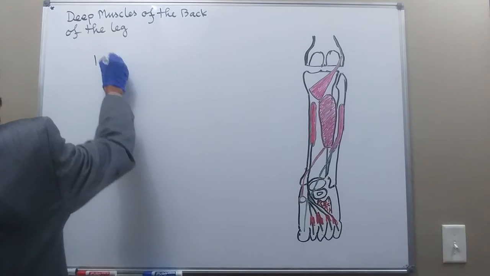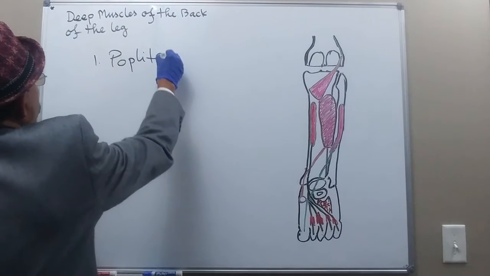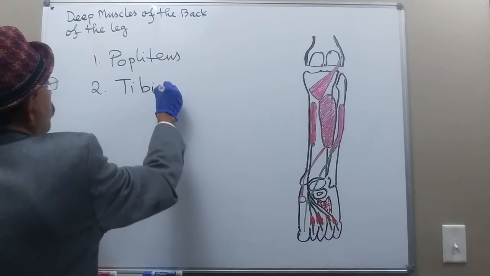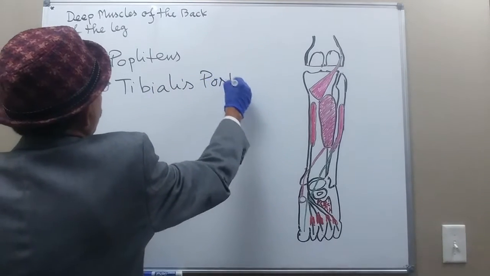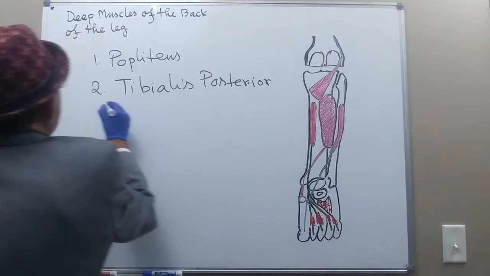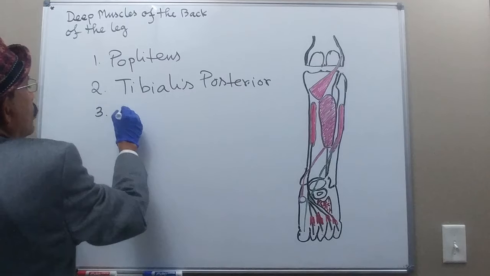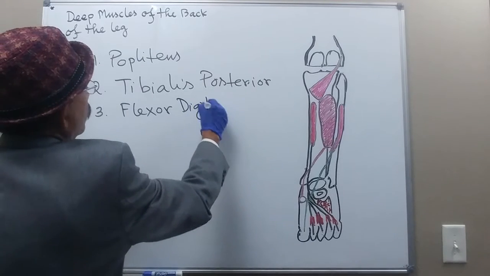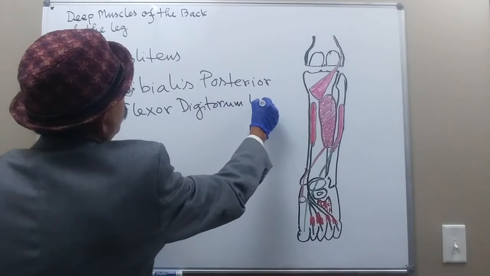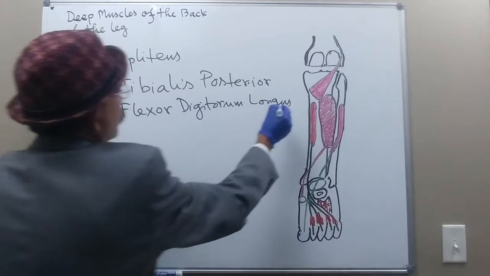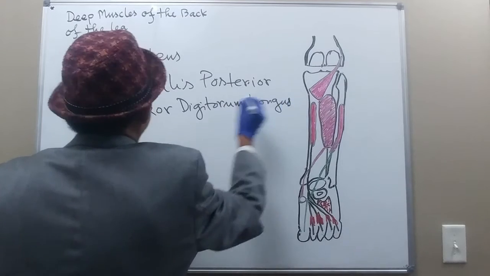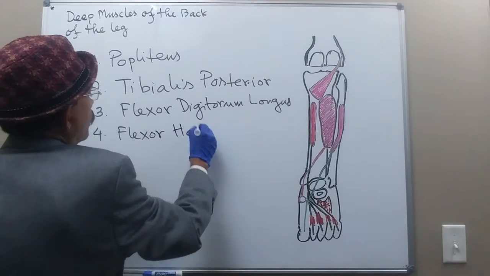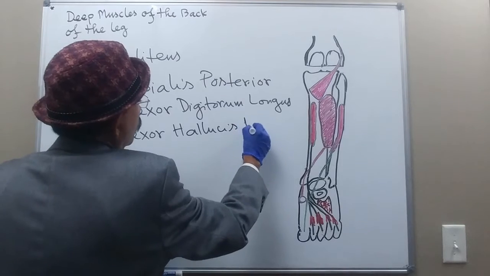These are the Popliteus, Tibialis Posterior, Flexor Digitorum Longus, and Flexor Hallucis Longus.